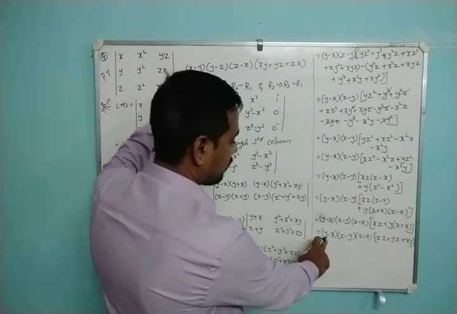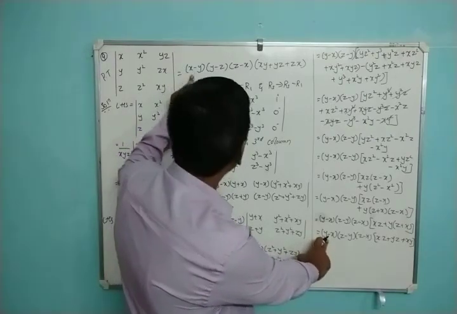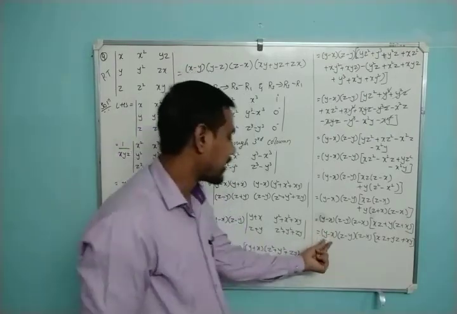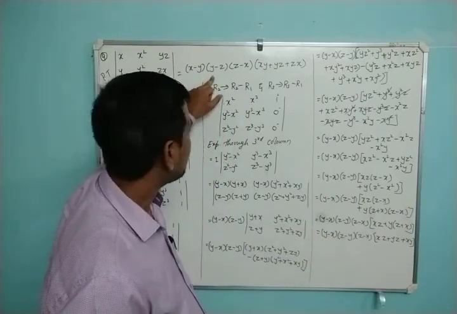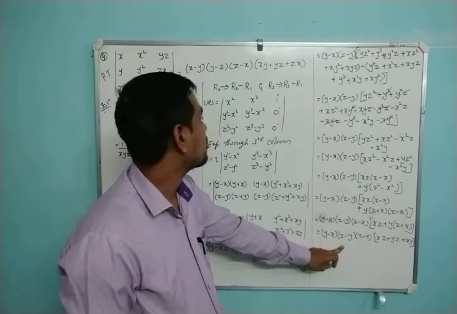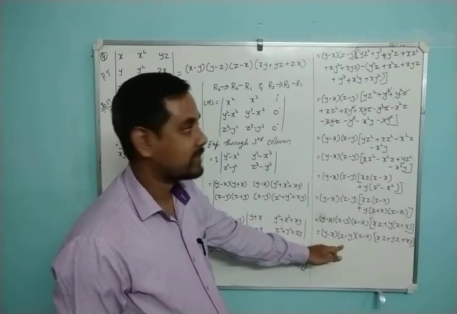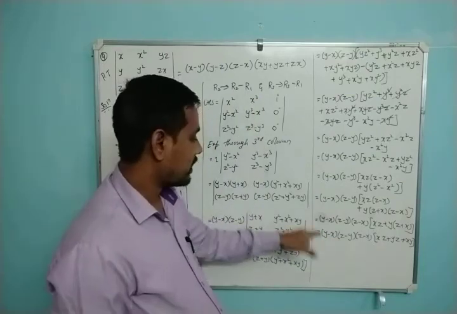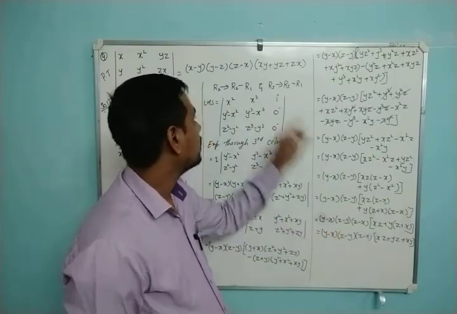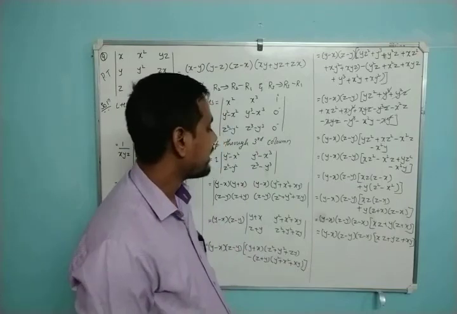We want x minus y, but we have y minus x, right? So if I convert it into x minus y, it becomes minus, right? Y minus z is needed, but we have z minus y. If I convert into y minus z, so what becomes? It also becomes negative. So this becomes negative, this becomes negative. So z minus x, we already have it, right?